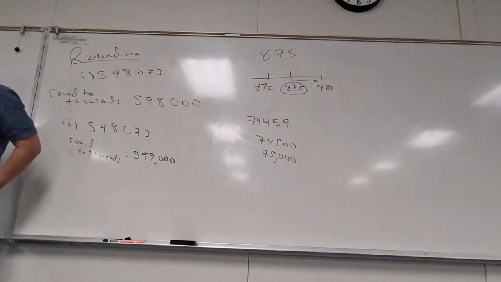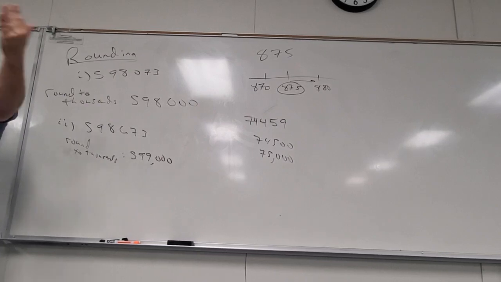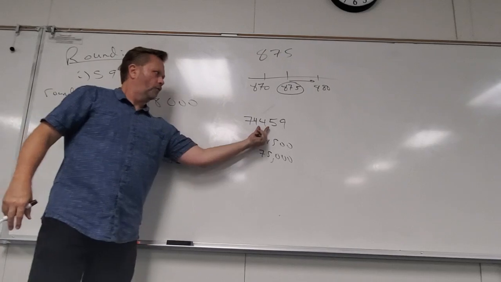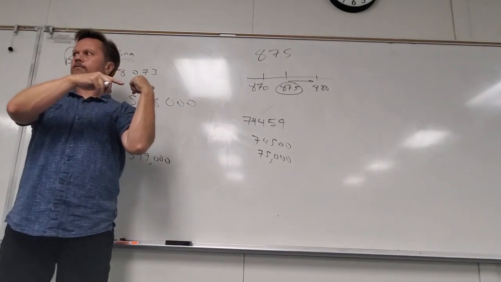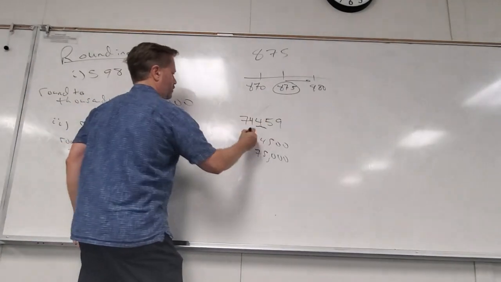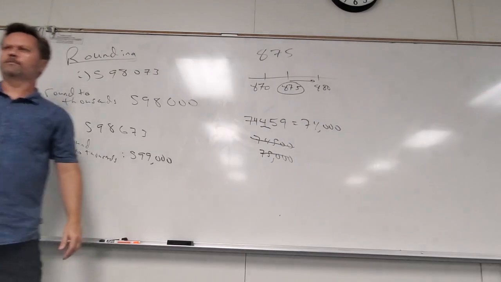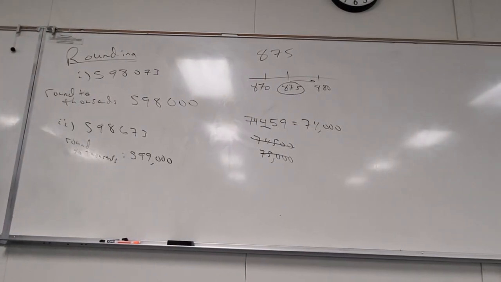You guys see the mistake that was made? I call this dominoes. They think it starts falling from way back here, and that affects it. No. 4,459 is closer to 4,000 than it is to 5,000. The next immediate number is 4, so that should stay at 74,000.